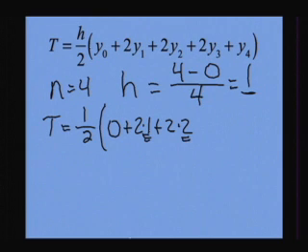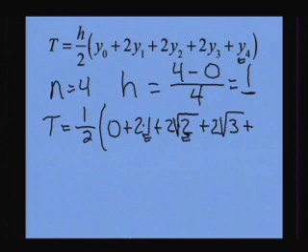Then we have to say that we've got the square root of that 2, and then plus we have 2, and again the next step up would be 3 from here, so that would be the square root of 3, and then finally we have plus just y sub 4, which would be the square root of 4.